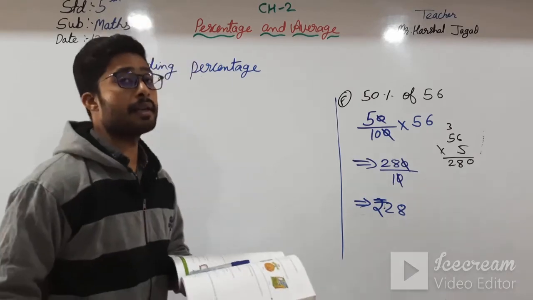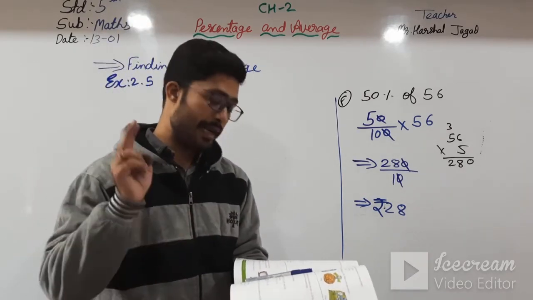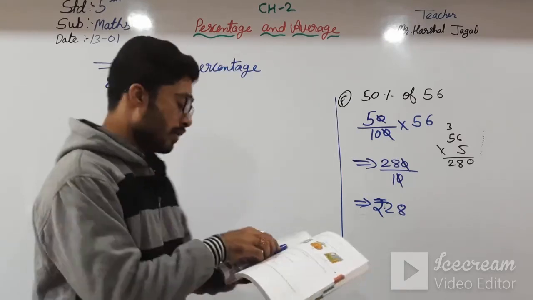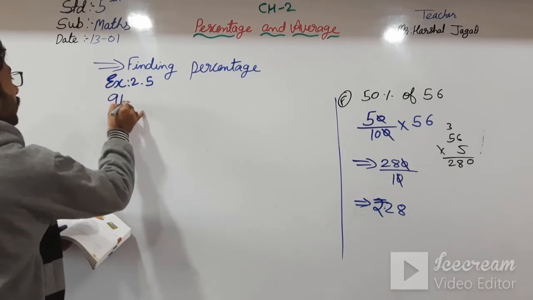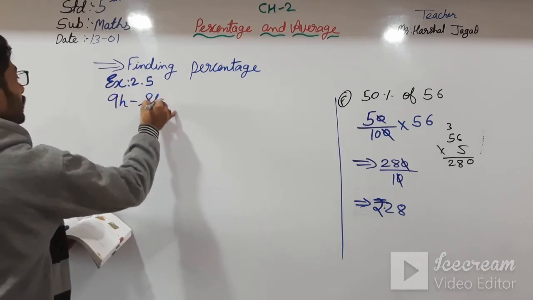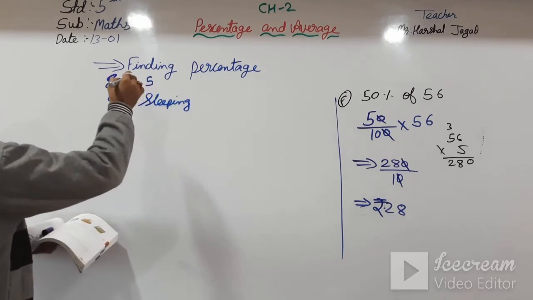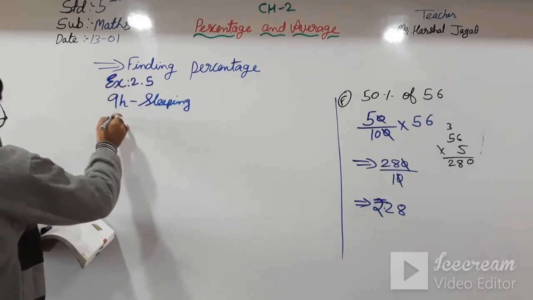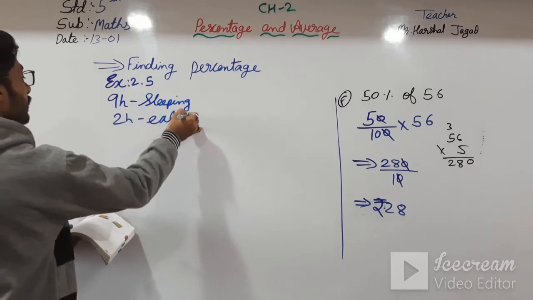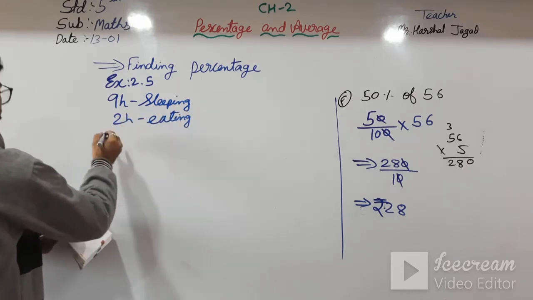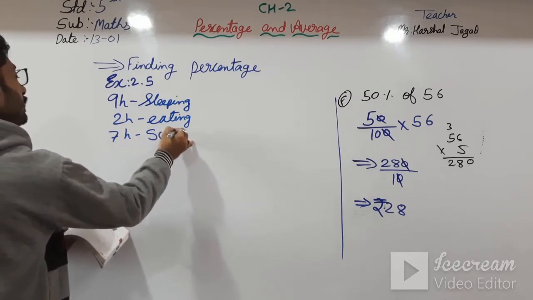Here what they are telling, 9 hours sleeping, 2 hours eating and 7 hours in school. Let us write first of all 9 hours of sleeping, then 2 hours of eating and 7 hours of school.